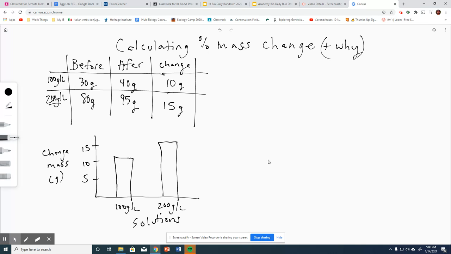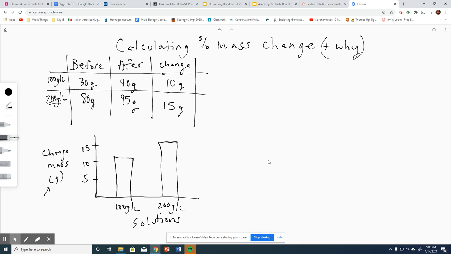Because the water going into the egg is what makes the egg gain mass. So that's what this would make it look like. But if we just graph absolute mass change, like how much it increases, that doesn't show the real story, okay?